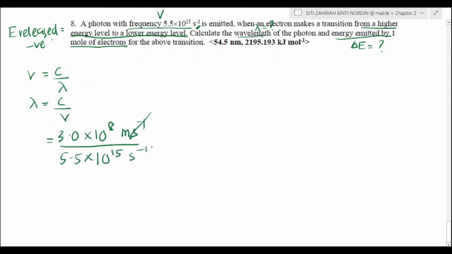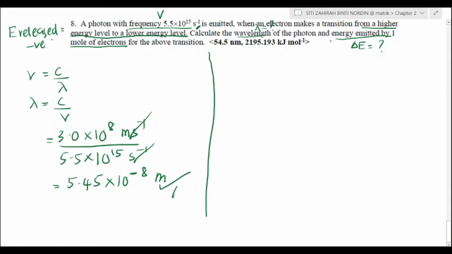So cancel off the seconds. So your wavelength would be 5.45 times 10 to the power of negative 8 meter. If the question does not state that you must leave the answer in nanometer, then you can leave it like this.